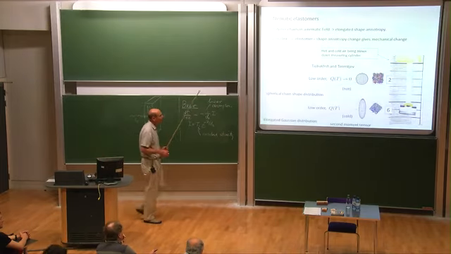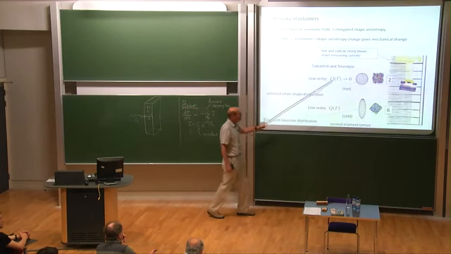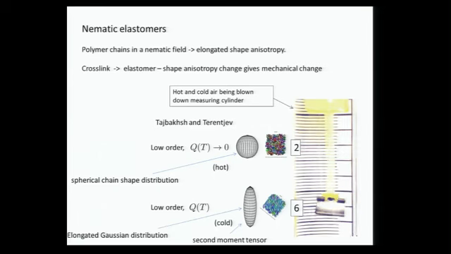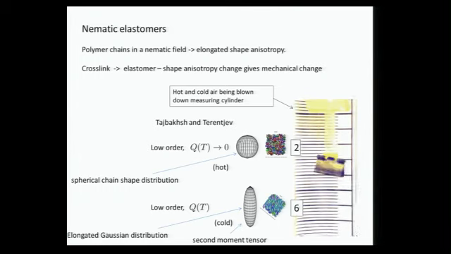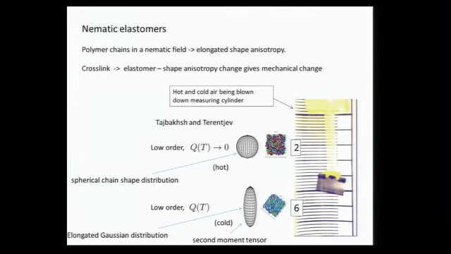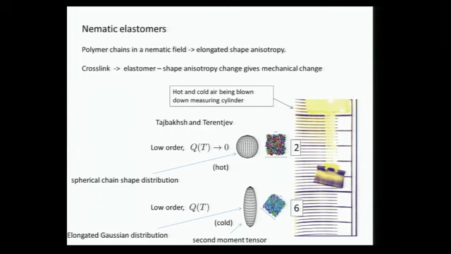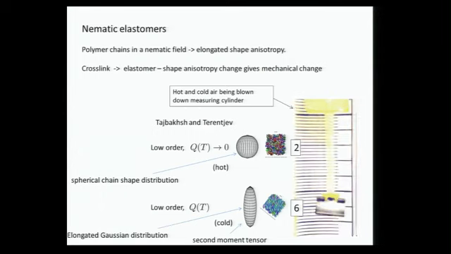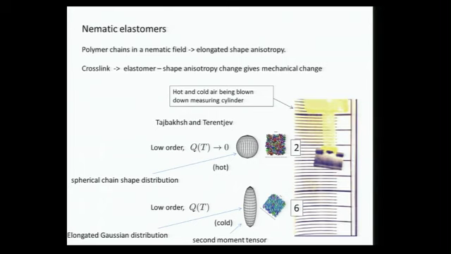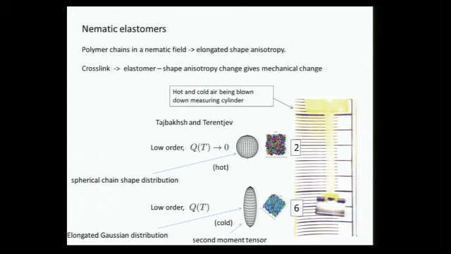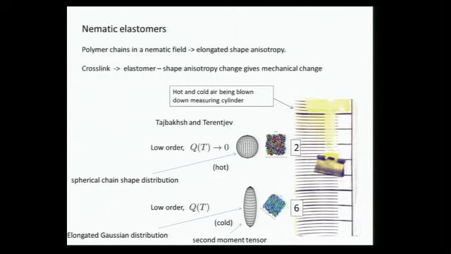And here is an example of that. It is of an elastomer, and it's in a measuring cylinder and having hot and cold air blown down the cylinder. And the molecules that, well, first of all, the nematic rods that are part of this nematic elastomer are isotropic in the high temperature state and ordered in the low temperature state.